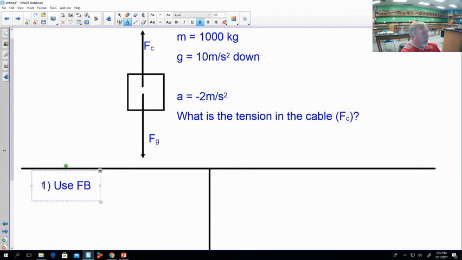We're going to use our free body diagram to find the net force. F net equals what? Looking at our diagram, we have FC pointing up, so we're going to have a positive. We have FG pointing down, so we're going to subtract it.